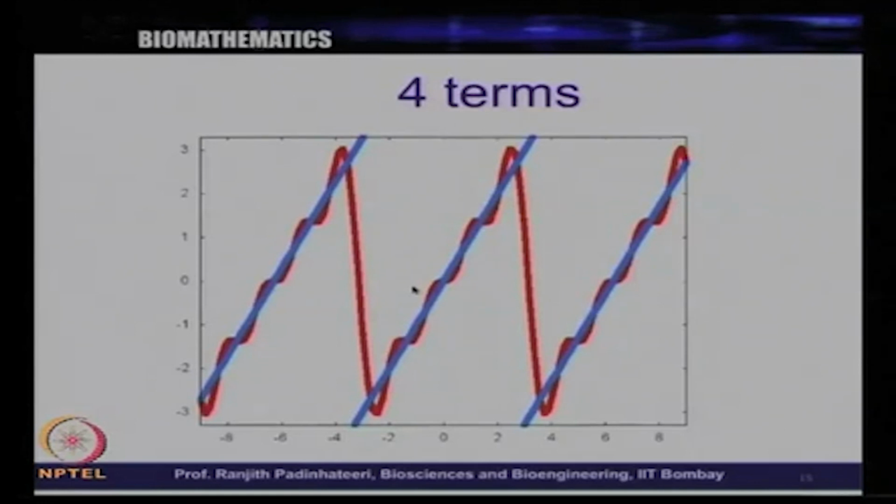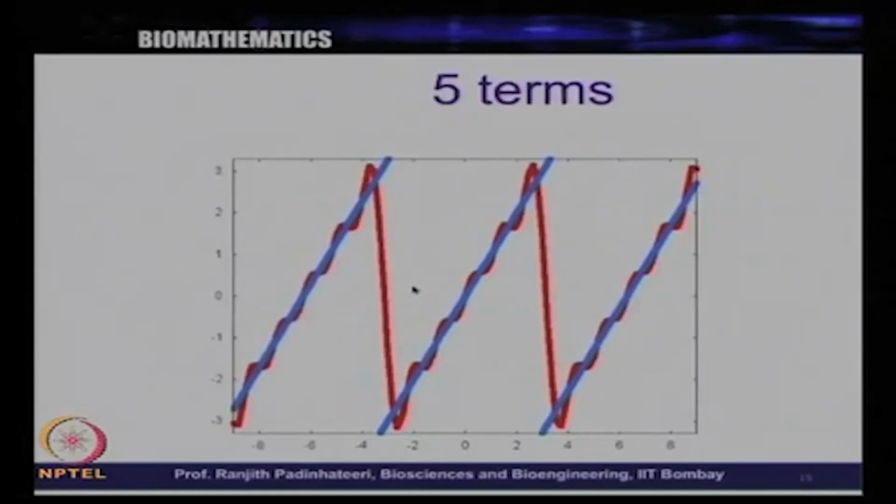If you add another term, it is not exactly the same, but it is becoming much better. So, by just taking 5 terms, it is pretty close to the blue curve. Now if you take infinite terms, it will be exactly this blue curve, suddenly falling, again falling. So, essentially by adding many sines, you can generate a sawtooth pattern.